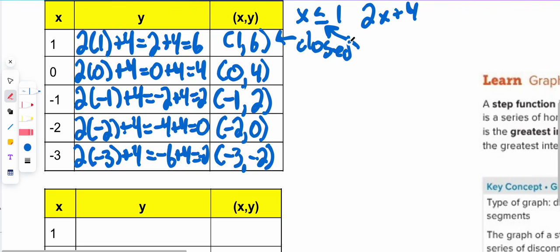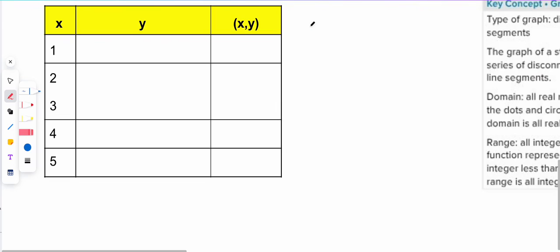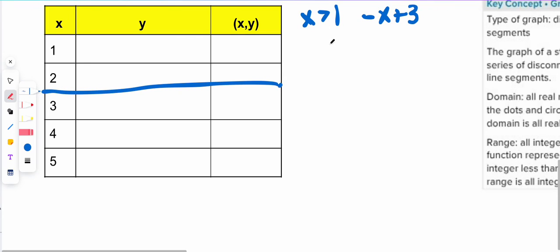So when I go down to fill out the next piece of information, which is going to be when our x is more than 1, that's for the -x plus 3. So when we go to fill this out, we're not going to have that equal to piece, which means this first point where we start our line will be an open circle. So we're going to plug in 1.